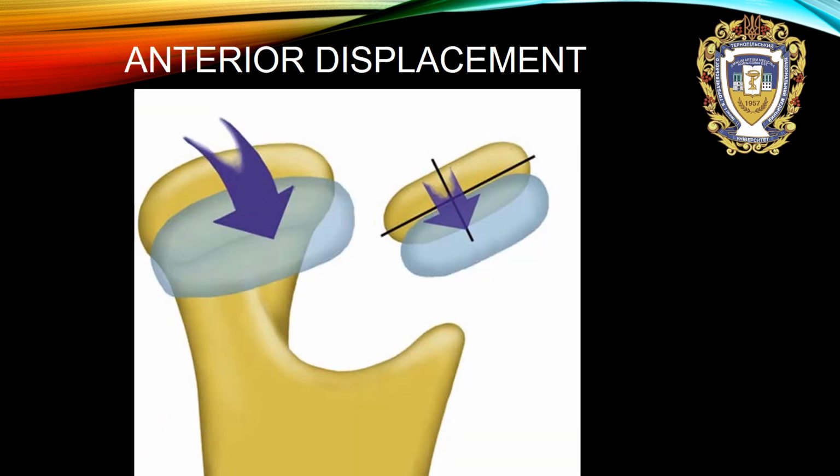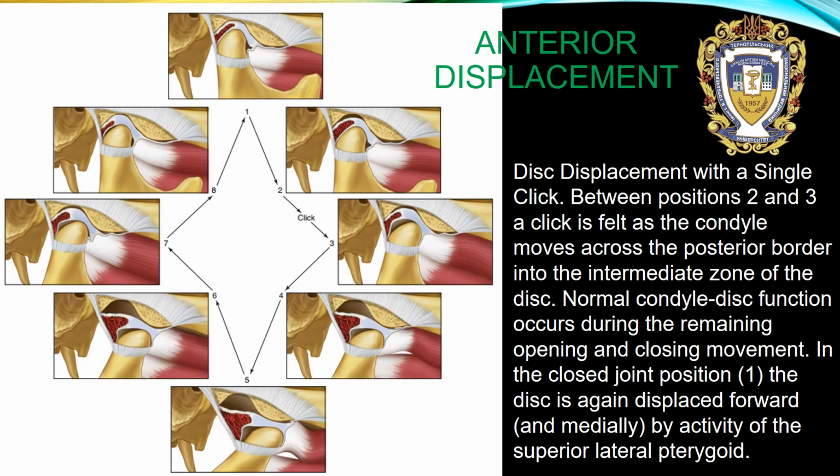Now, about possible derangements of the disc. Schematically shown is anterior disc displacement. And what does anterior displacement mean? This displacement has a single click between position 2 and 3.